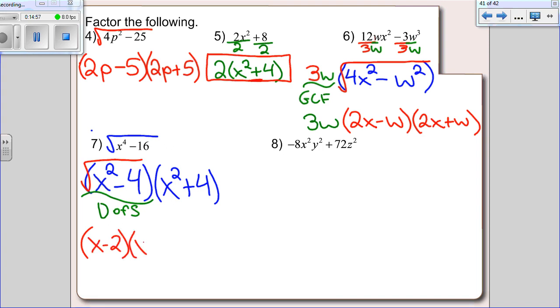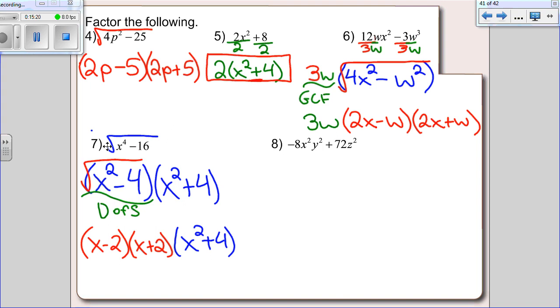Her question is, what do you do with this x squared plus 4? It just follows itself down. Just like a GCF would normally just follow along. You don't need to write it out twice or anything like that. It just stays on the outside. That is the right answer.